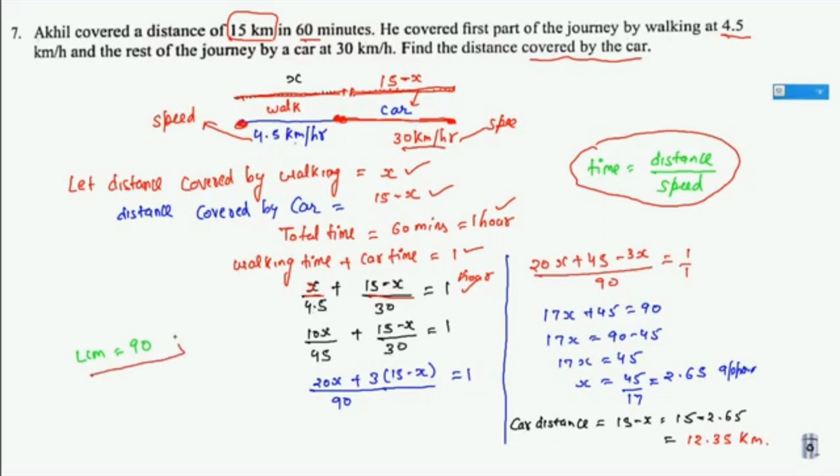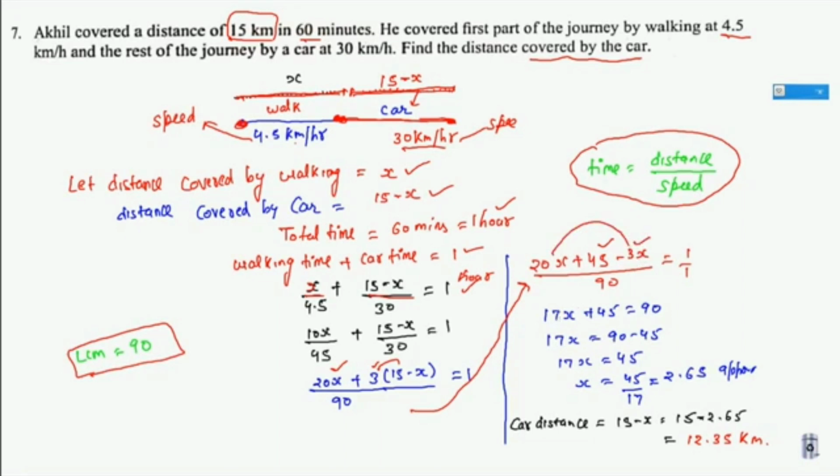We will solve. 45 twos are 90, so 10 twos are 20x, plus 3 threes are 90, so 3 multiplied by 15 minus x is equal to 1. Here that is 20x plus 45 minus 3x by 90 equal to 1 by 1.